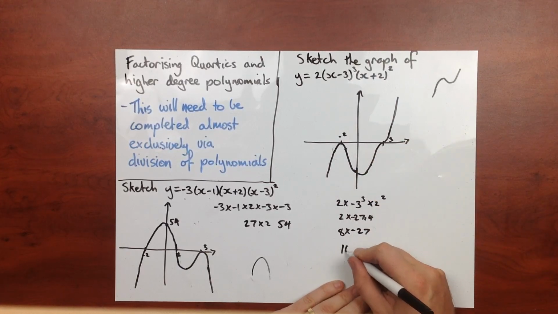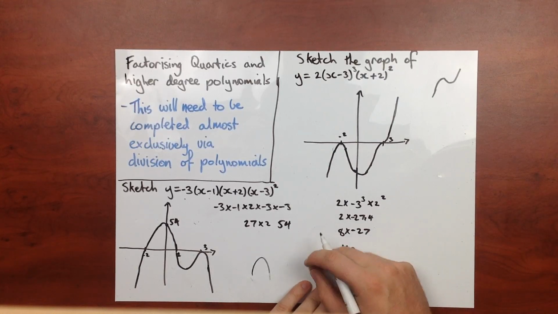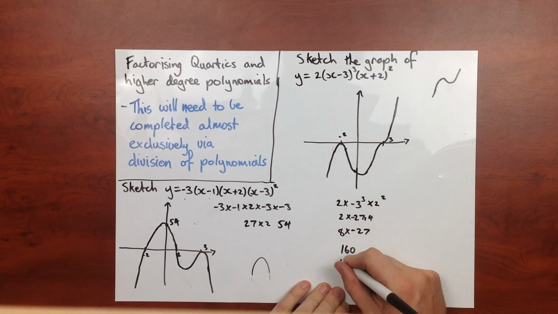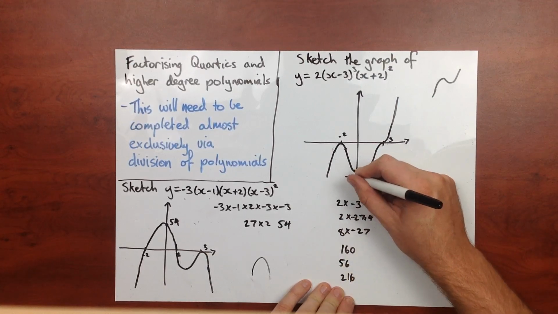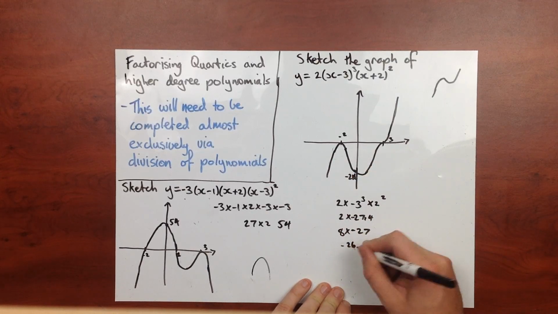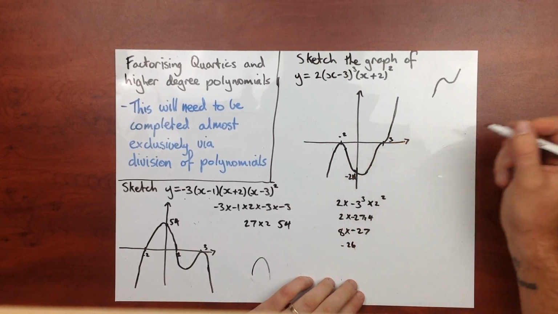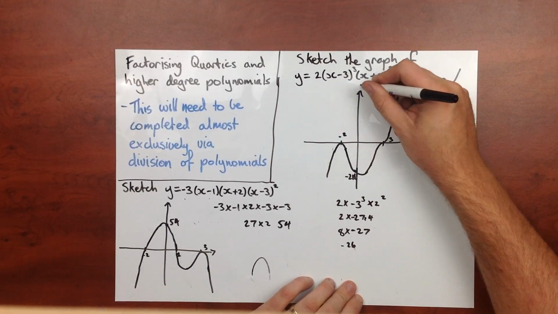What's that going to be? 216. So it's going to be -216. So it's quite a long way down. It doesn't matter, we haven't set a scale on our y-axis until now, so that's fine.